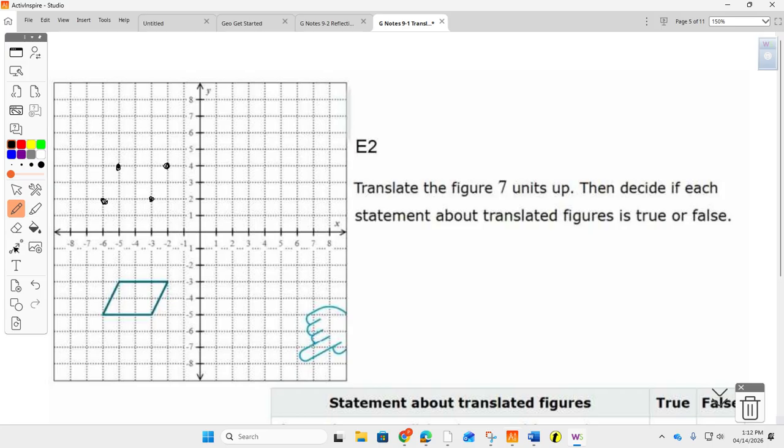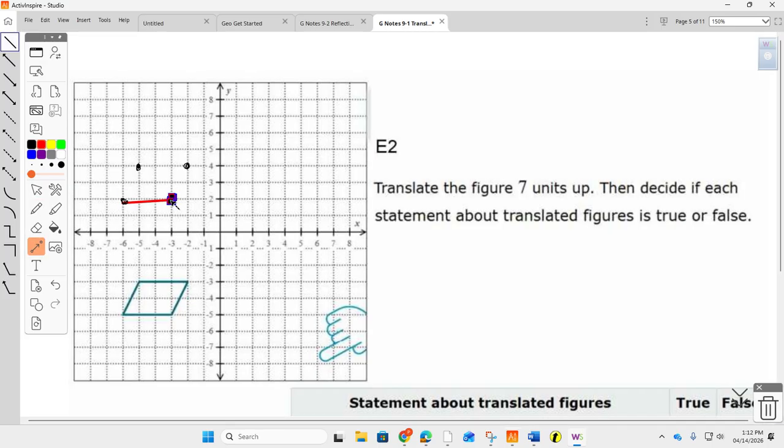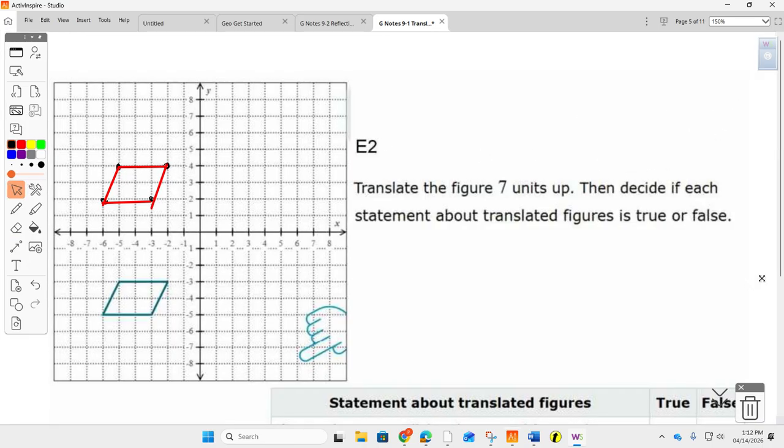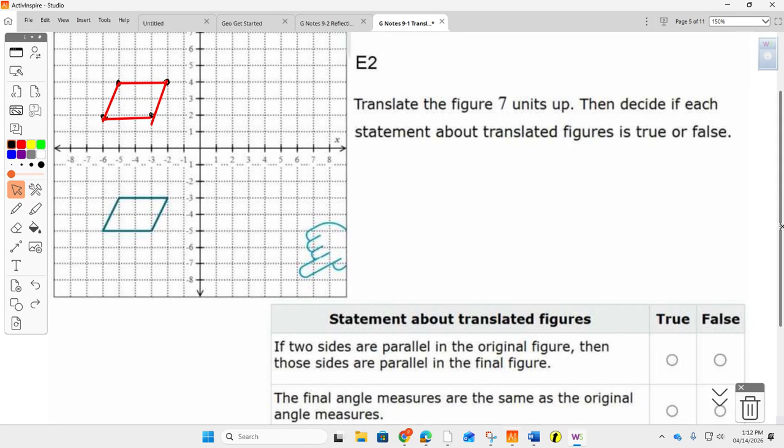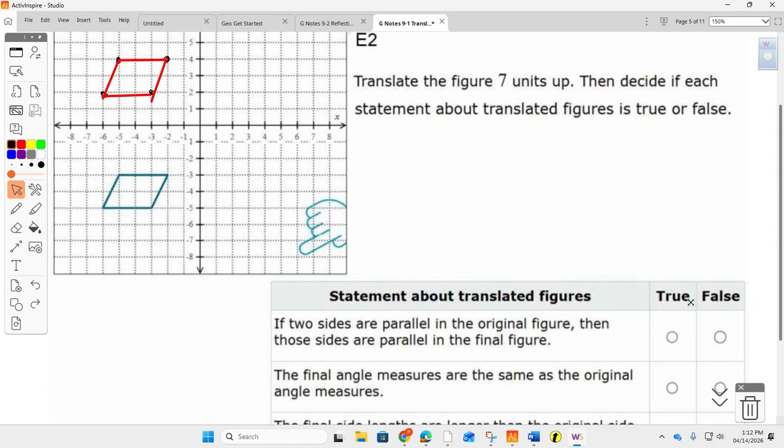So if I translate that up, you're going to be able to drag and drop it on Alex, but I can't. So once we drag it up 7, we need to be able to answer these questions. Remembering that this is a translation, right?